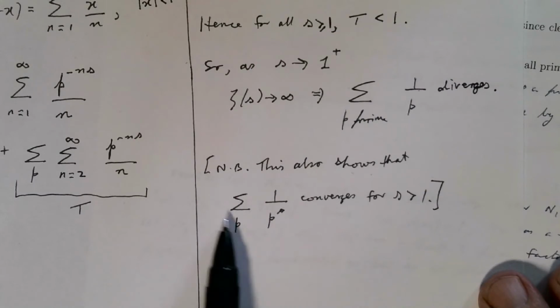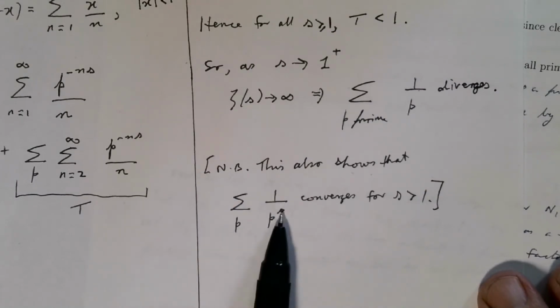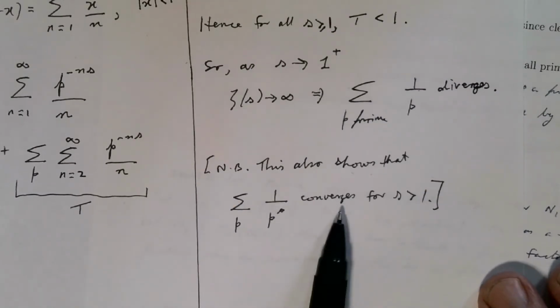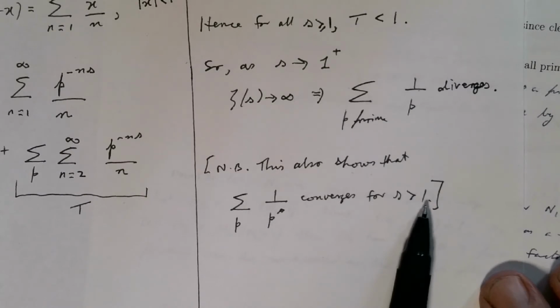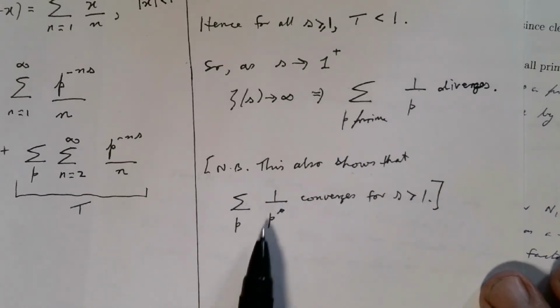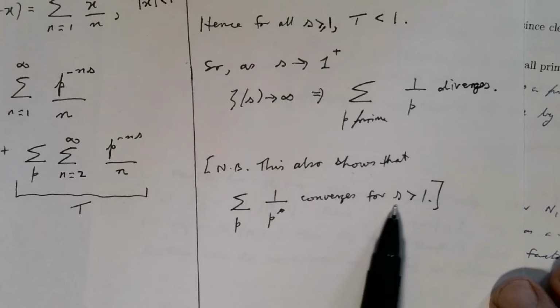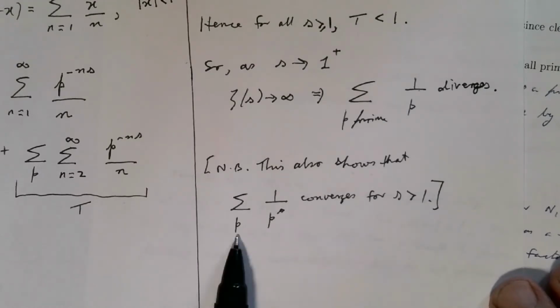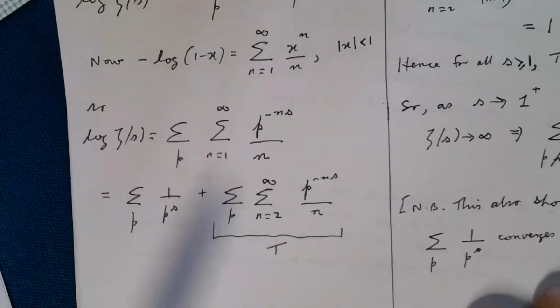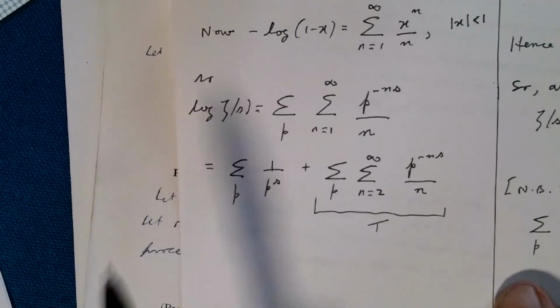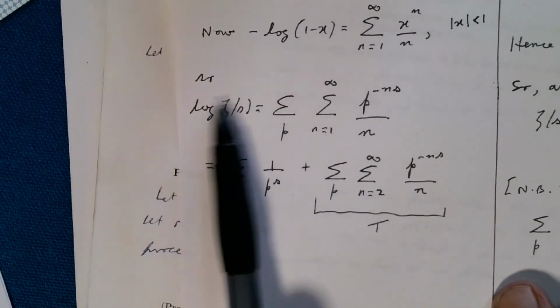By the way, we also have the interesting fact that the sum of 1 over p to the s converges if s is bigger than 1. So the sum of the reciprocals of the powers of the primes, for any power bigger than 1, actually converges. You can see that from here again, because if s is bigger than 1, this sum is finite.